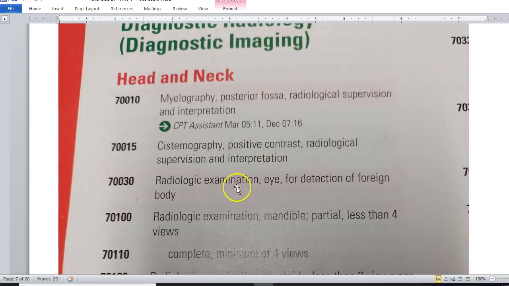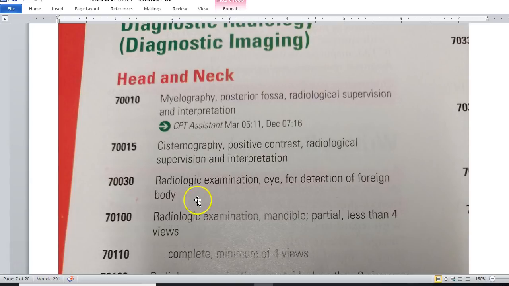So in this case, if the doctor told us that we are doing an X-ray of the eye for detection of foreign body, we would look up in the back of the book, X-ray eye detection foreign body, and it would bring us to 70030. Now again, in general, X-rays do not use contrast. But there are some tests that use contrast that use X-ray equipment. So keep that in mind.